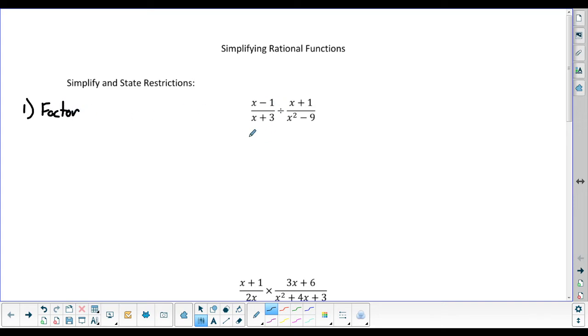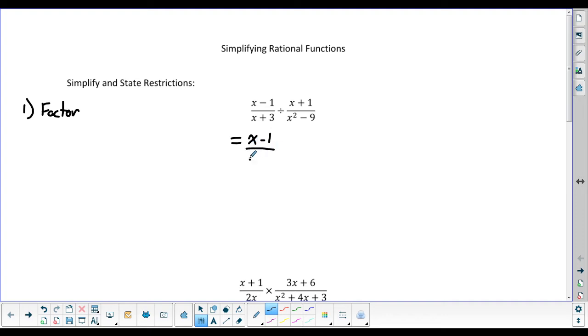So let's take a look at this first one here. Let's factor it. The top looks factored here. This top looks fine. This looks fine. This here could be factored. And this is similar to the one we saw the other day, where x squared minus 9, we can factor that traditionally, say two numbers that need to add to 0 and multiply to -9, or we can recall that this is a difference of squares. But let's get to that.